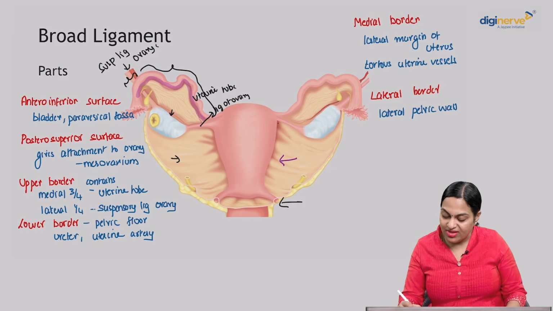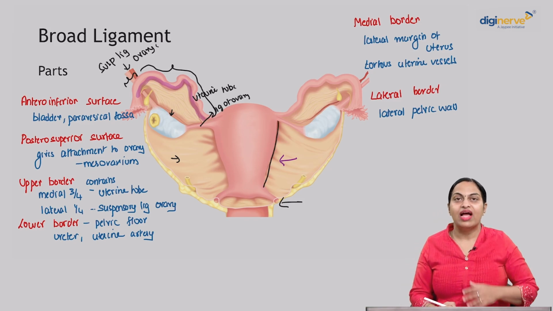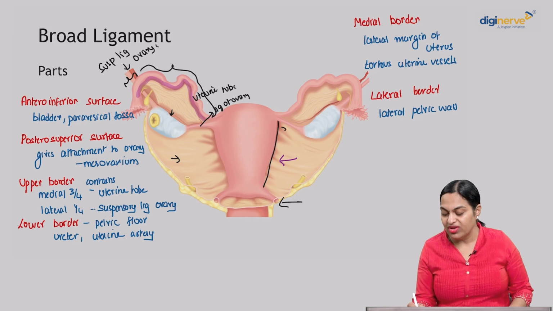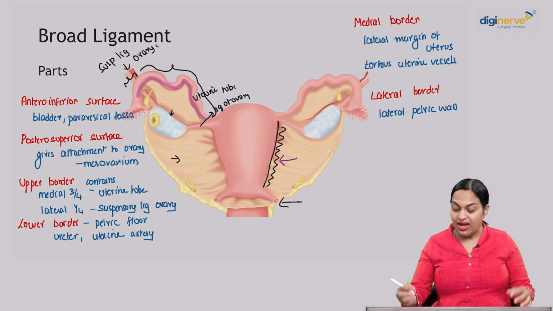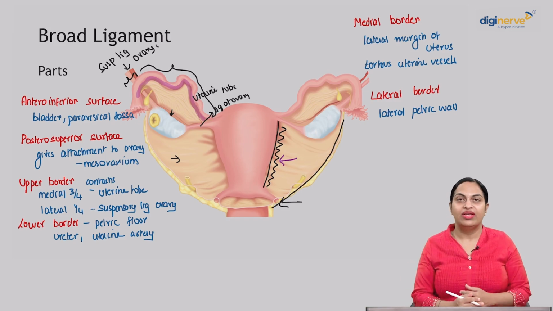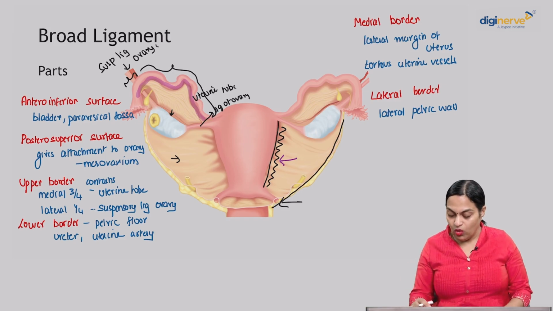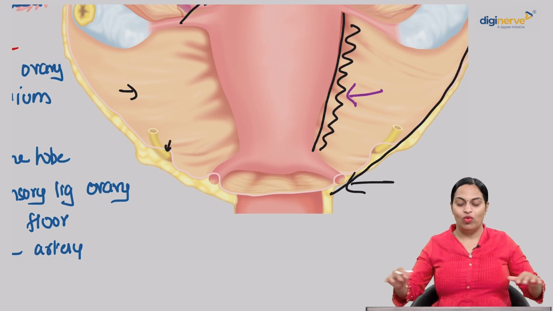And the medial border of the broad ligament is attached to the lateral margin of the uterus, and we can see the tortuous uterine vessels there. The lateral border of the broad ligament will be anchored to the lateral pelvic wall. Over here, can you appreciate the presence of the ureter in the lower border?